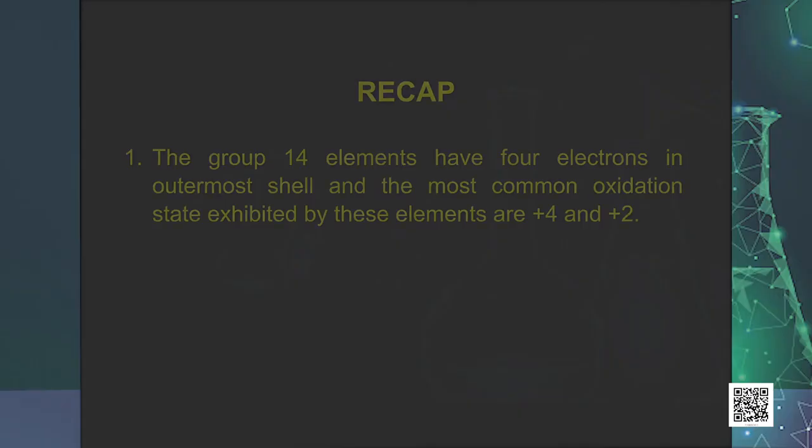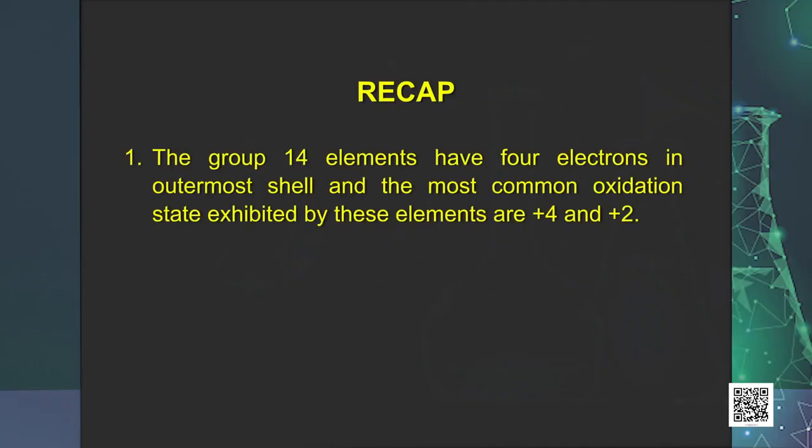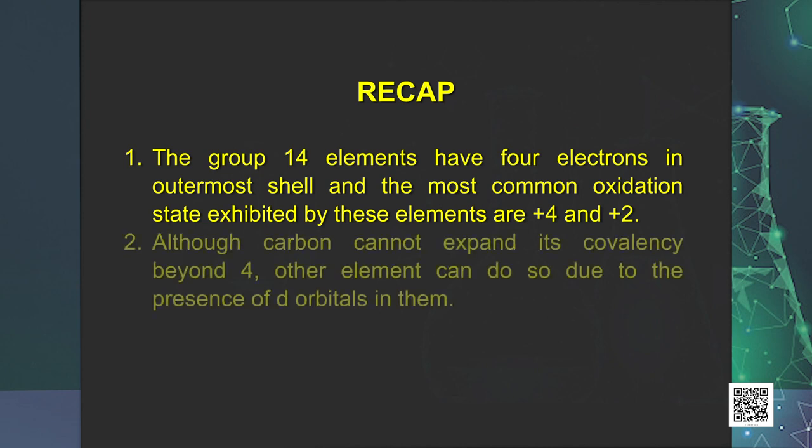To conclude this session, let us recall all the discussed concepts. The first point is that group 14 elements have 4 electrons in the outermost shell, and the most common oxidation states exhibited by these elements are +4 and +2.